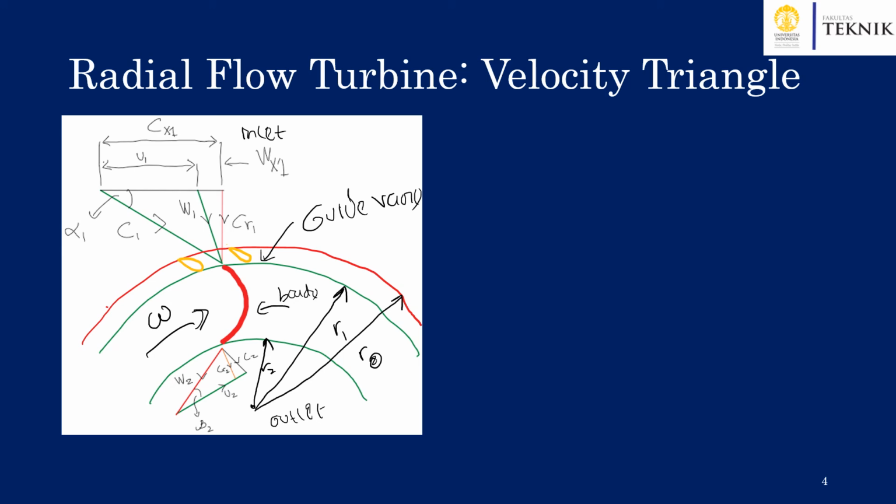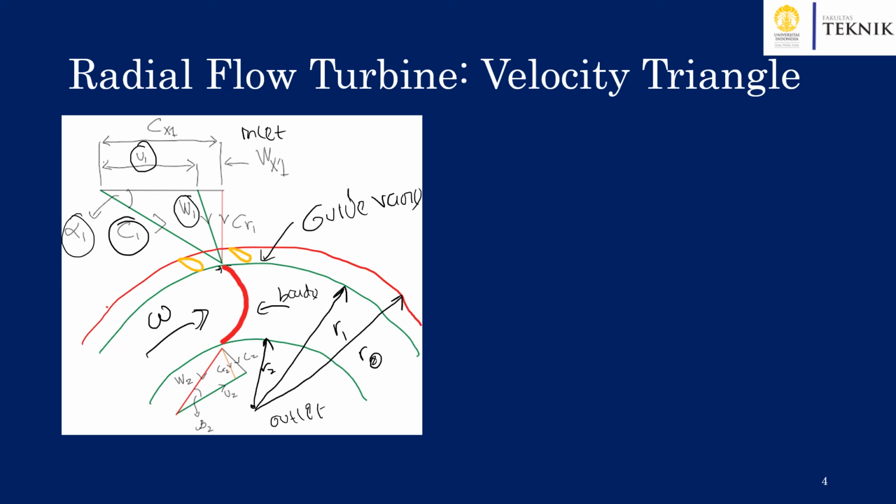So as we know, as the water or the fluid leaves the guide vanes area here, it will flow with the absolute velocity of C1 as it enters the runner, or blade here, at an angle of alpha 1. And we also have the tangential velocity component at the inlet as U1. And we also have the relative velocity W1 at the inlet.